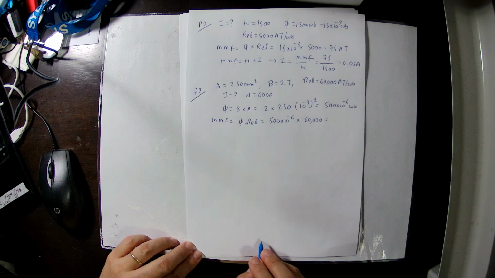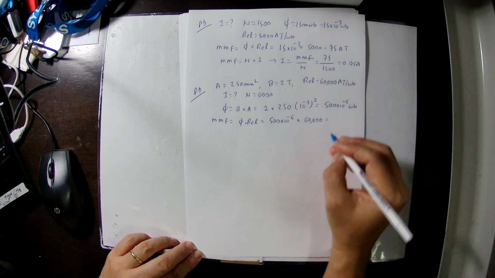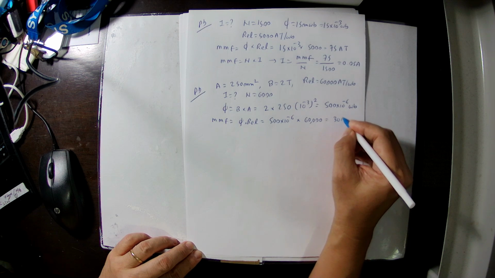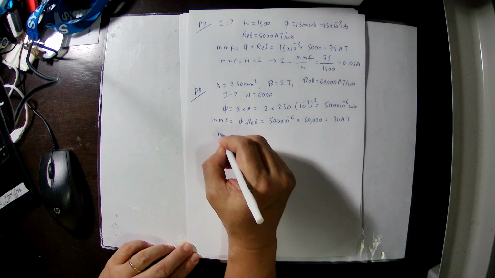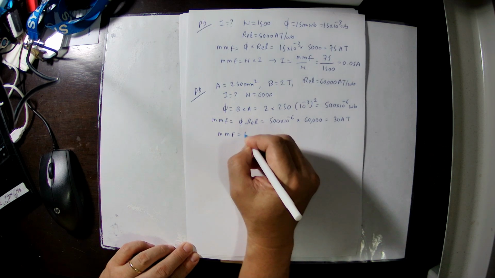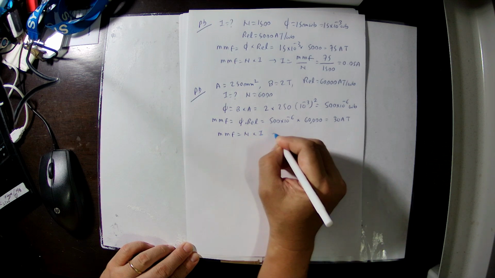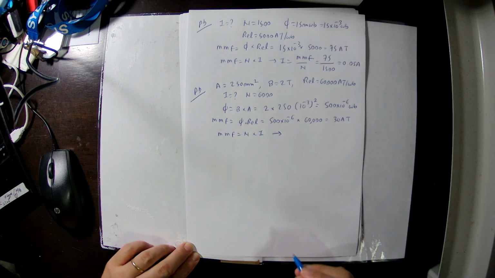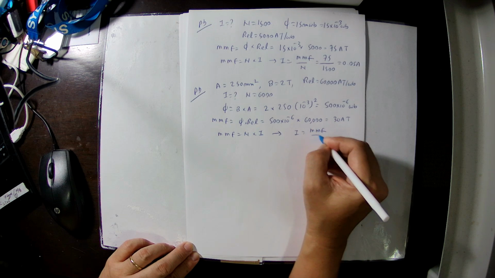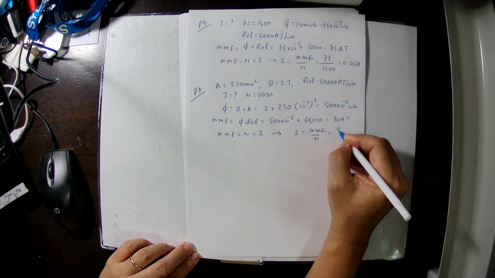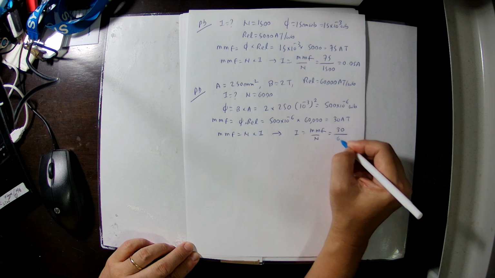It will be 30 ampere turn. Then this MMF equals the number of turns multiplied by current. Therefore, the current is MMF divided by number of turns. MMF is 30, number of turns is 6,000.